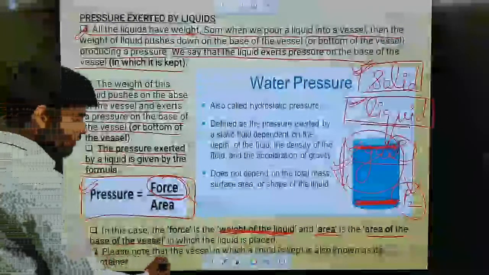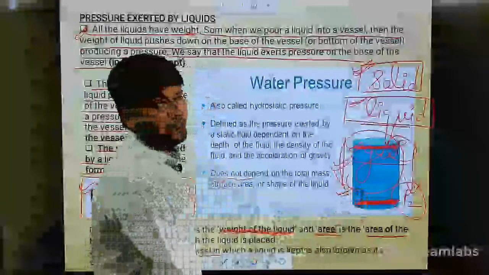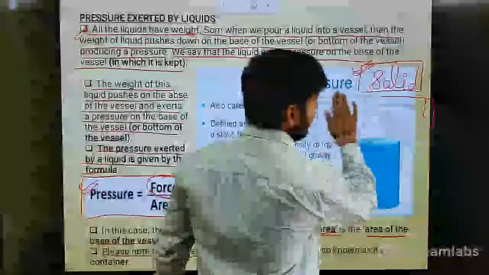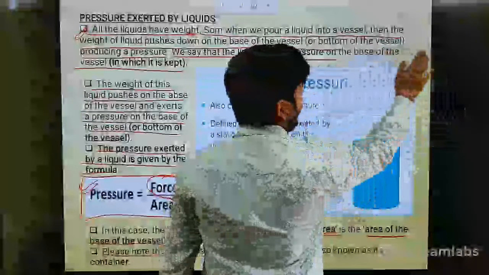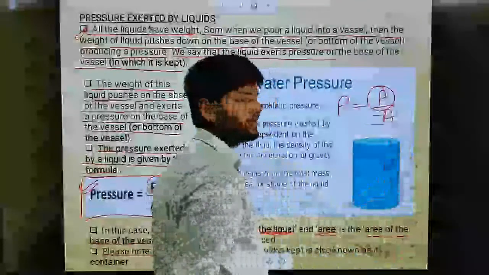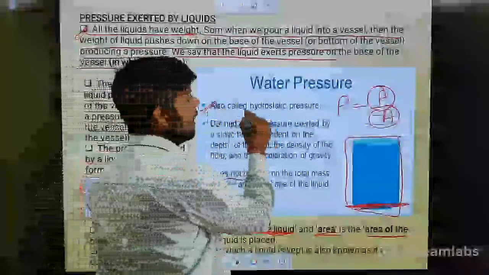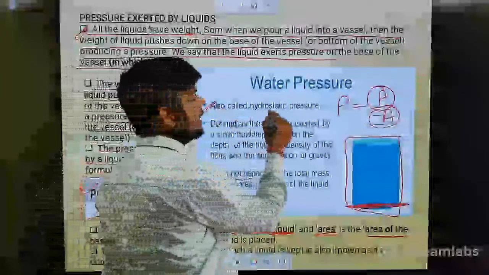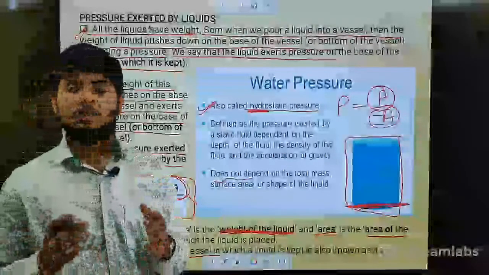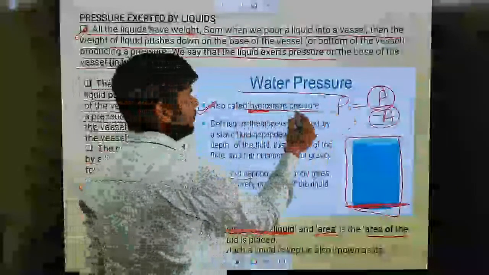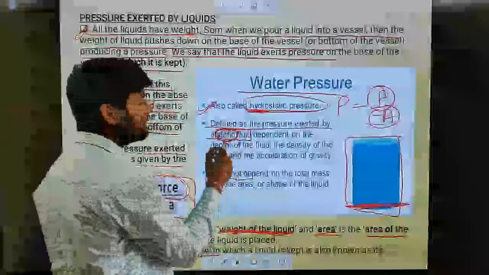Now, please note... as a container. Applied forces is also called... The water pressure is also... static fluid means hydrostatic pressure.